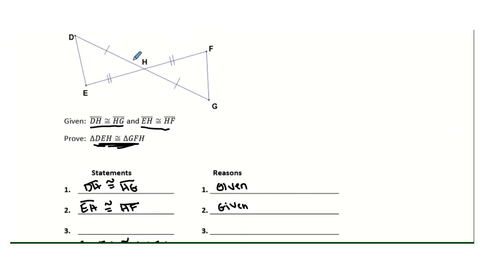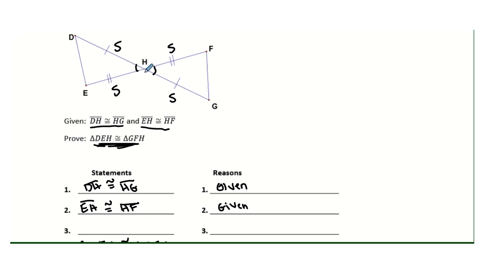Right now, we have two sides that are congruent and another pair of sides that are congruent. They don't give me any other information about any other sides, but I do know something about an angle. Don't we know that this angle is congruent to this angle by vertical angle theorem, right? Because here I have a pair of vertical angles.